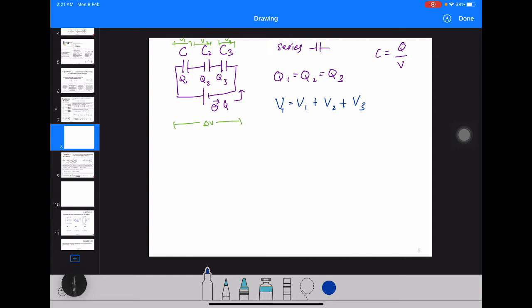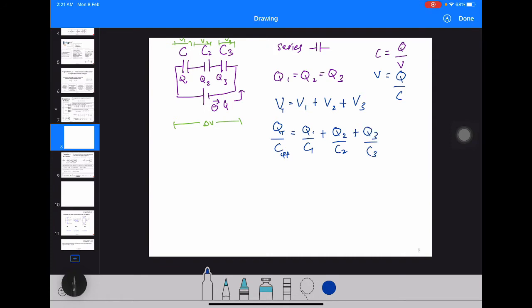And then if I rearrange this, I can write V equals Q over C, right? So if I'm going to write this as Q over C, it has to have the same subscript. So it will be Q total over C effective equals Q1 over C1 plus Q2 over C2 plus Q3 over C3.